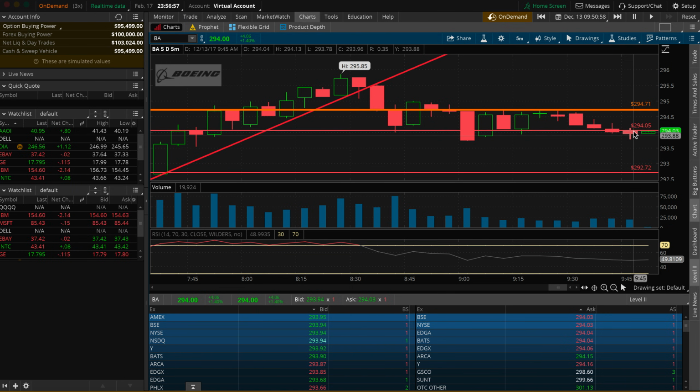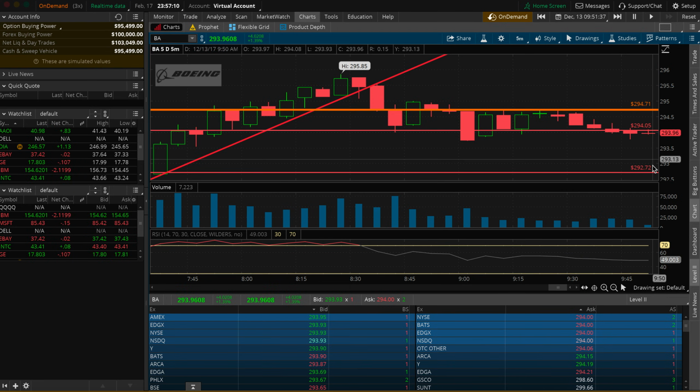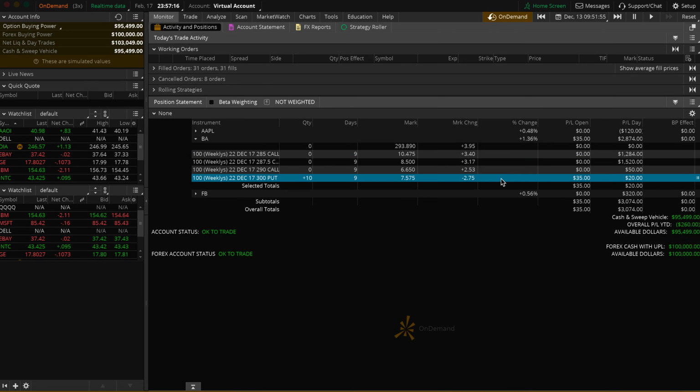But it didn't. Closed red below support, and this one opened up below support. So that's bearish. So this one should fall, or it should continue to downtrend. So let's see where we're at now.